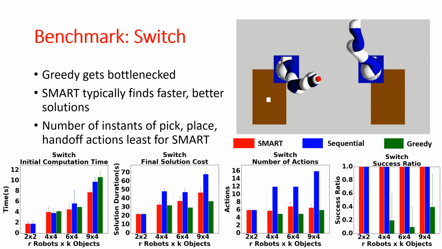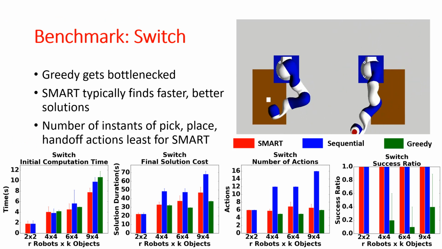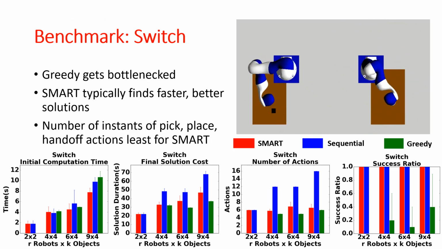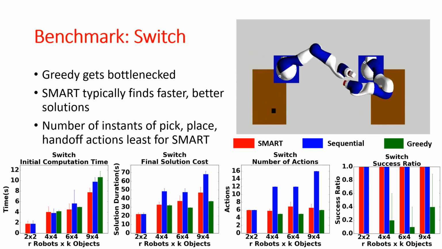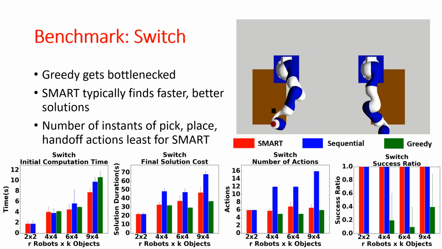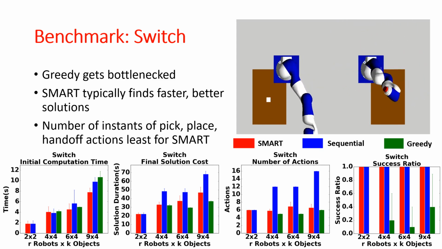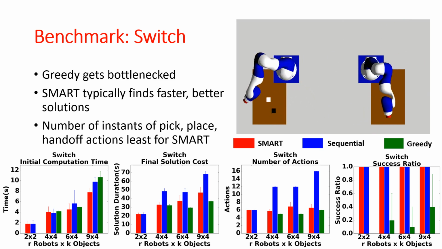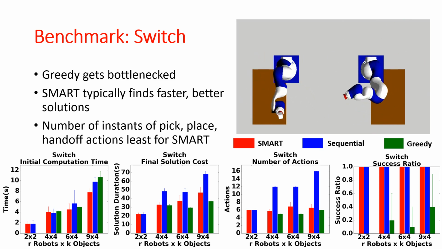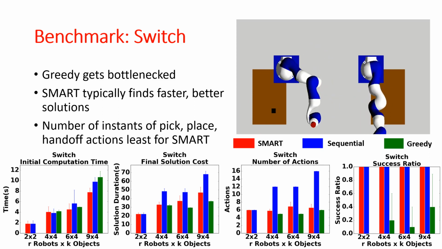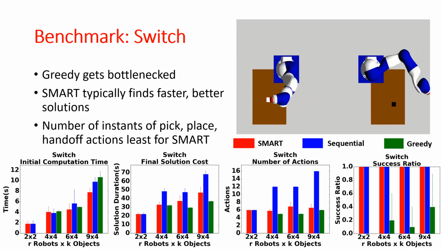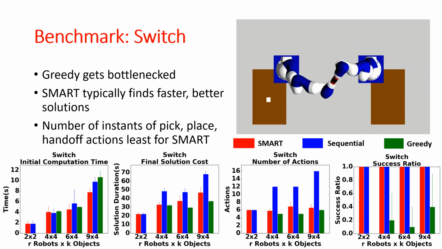So first, looking at the switch benchmark, we see that expectedly being greedy is not helpful, right? So the success ratio for greedy is very bad. And in terms of the computation time, we are better or competitive to both the other baselines.